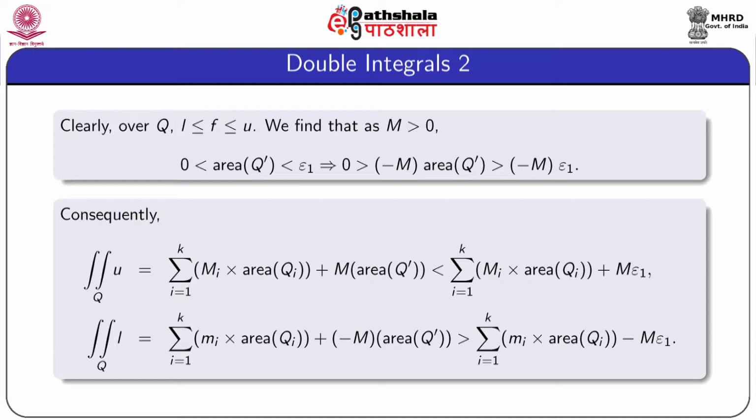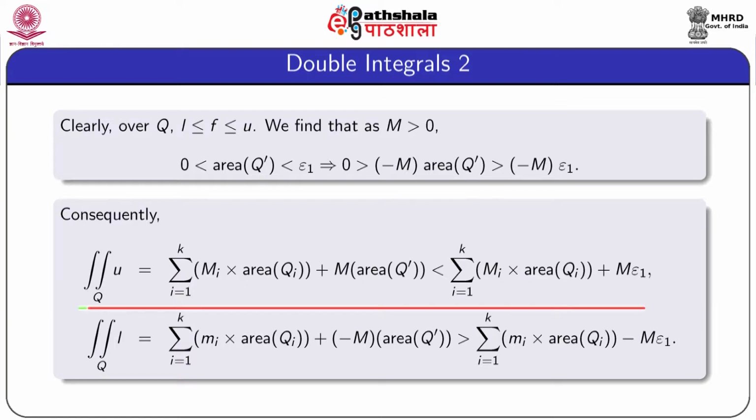Since capital M is positive, we find that 0 less than the area of Q' less than epsilon 1 implies 0 greater than minus M times the area of Q' greater than minus M times epsilon 1.